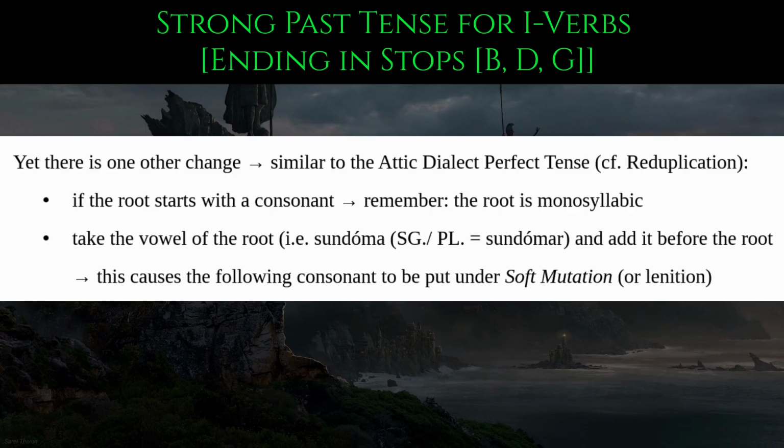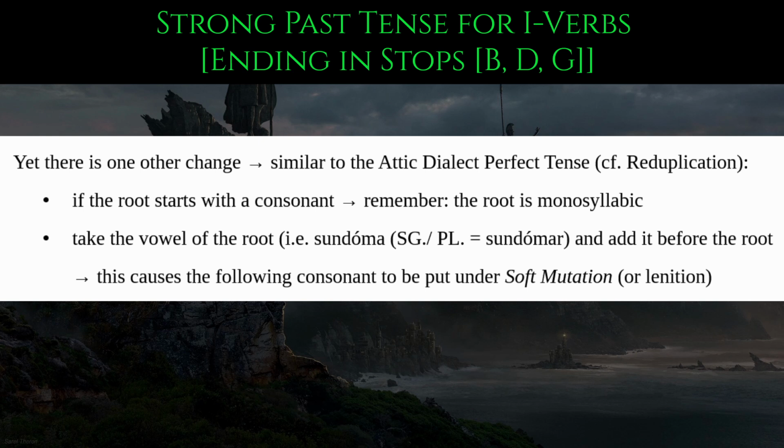Yet, there's one other change we need to talk about. Similar to the Attic dialect perfect tense, look at the reduplication. In Sindarin, if the root starts with a consonant, and remember, the root is usually monosyllabic, so we only have one vowel in there, we are taking this vowel of the root.